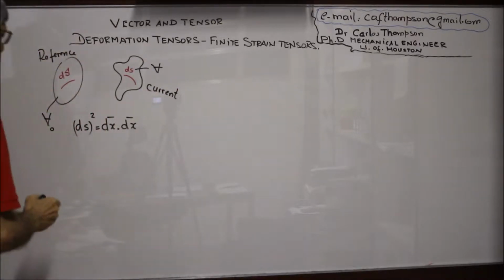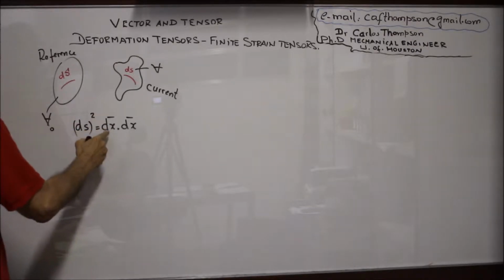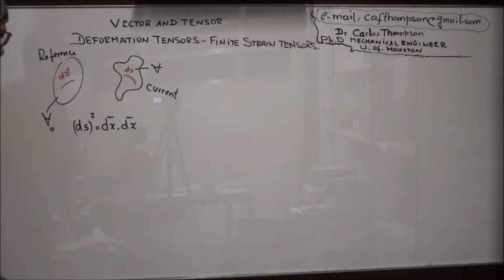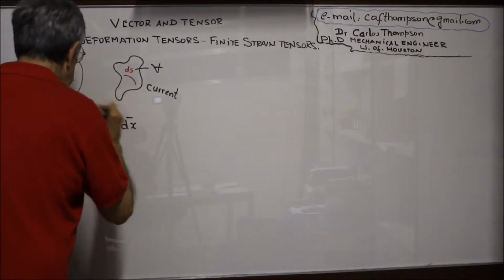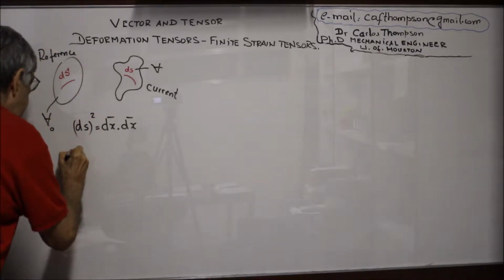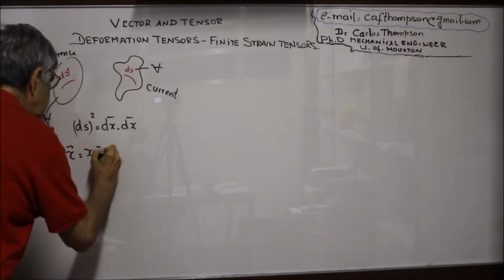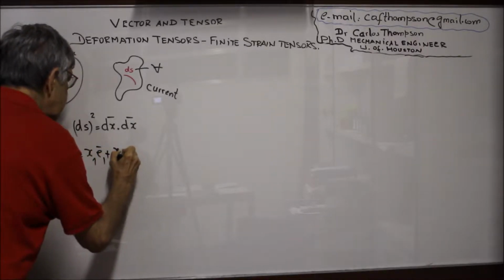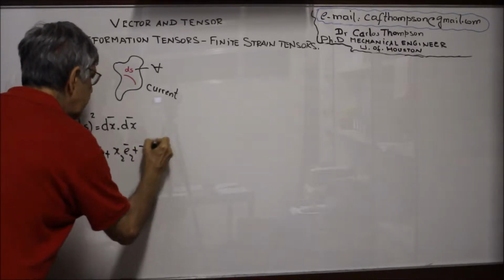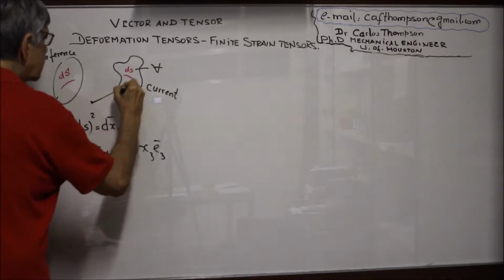Now, ds squared is the dot product dx dot dx, and you know that the vector x is equal to x1 e1 plus x2 e2 plus x3 e3.